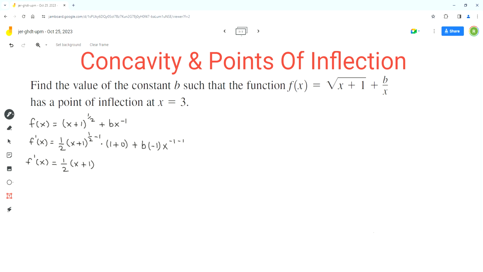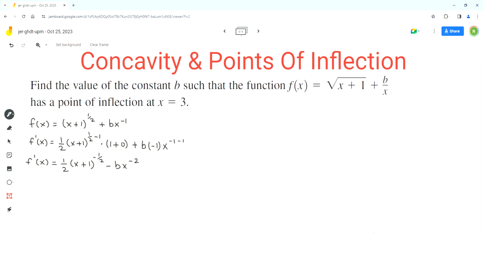In the exponent, half minus 1 is equal to -half. And 1 plus 0 is 1, and multiplication by 1 doesn't change anything. And in the second term, b times -1 is -b, and the exponent on the x is -2.